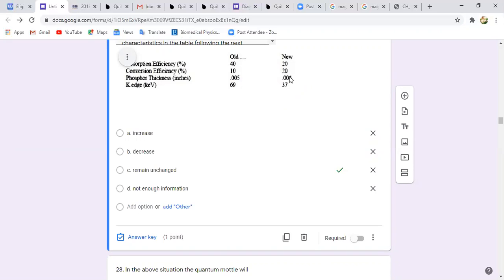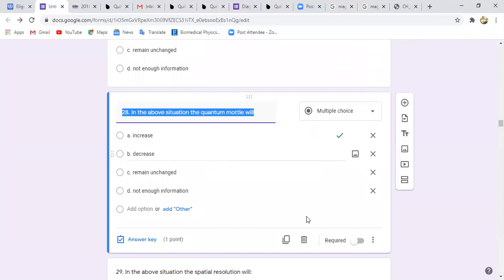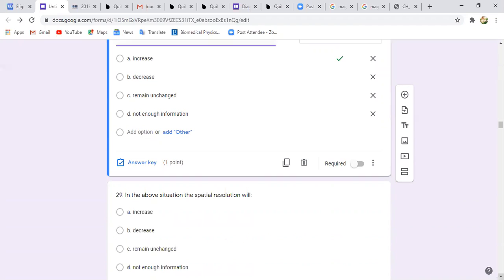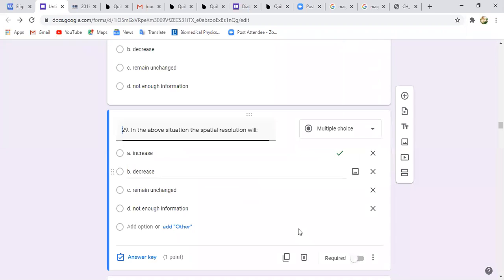That is, the noise will increase because the SNR will reduce. The spatial resolution, we have already given the answer for that. It will increase because we are using a thinner phosphor. The thinner the phosphor becomes, the better its spatial resolution.